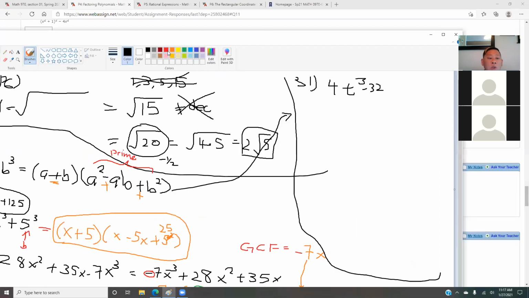Now, before we use that formula, when you factor, the first step is always to find the GCF. No matter whether you use the formula or not, you factor out the GCF first. What is the GCF for this question 31?